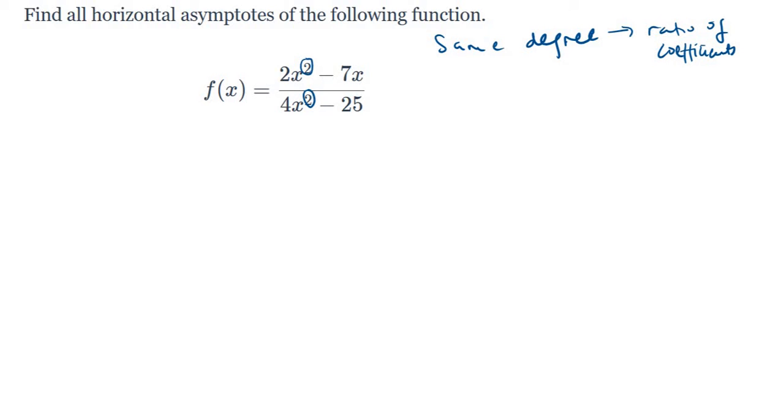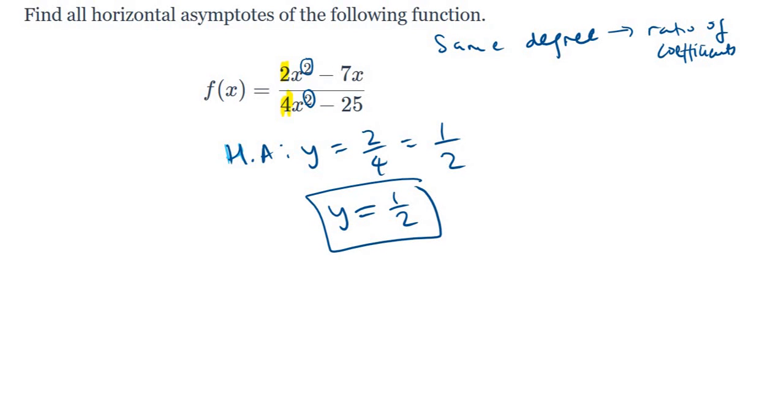The leading coefficients here are 2 and 4. So for this particular case, the horizontal asymptote is y equals 2 over 4, which is 1 over 2. So you will type y equals 1 over 2 into the box.